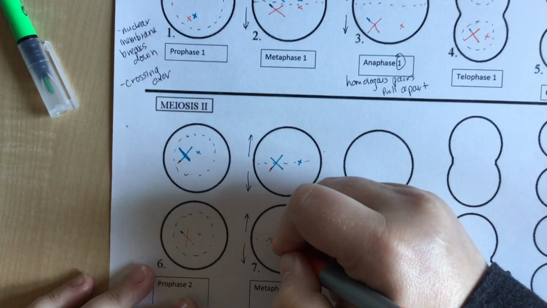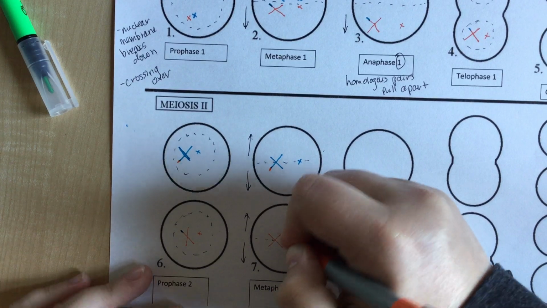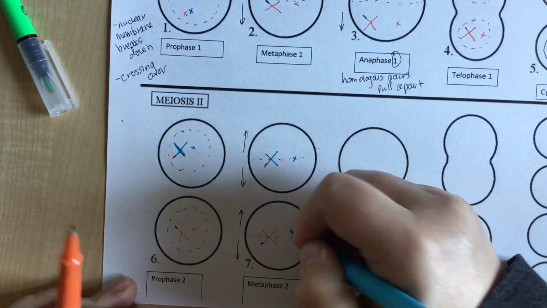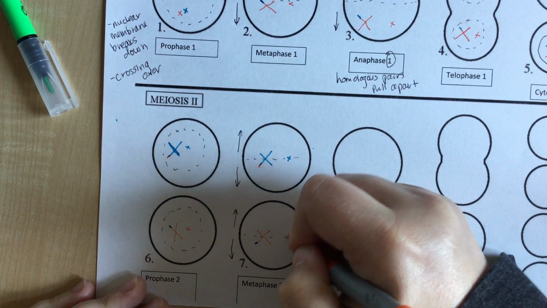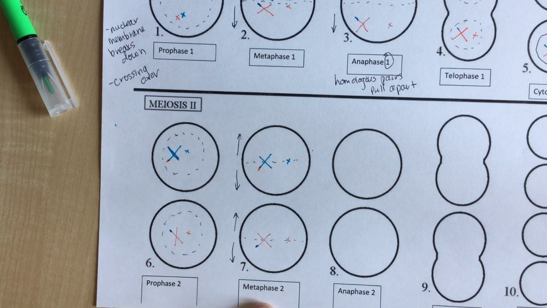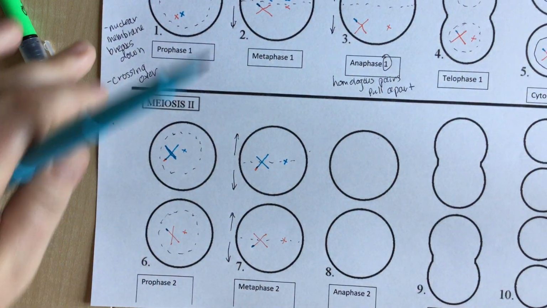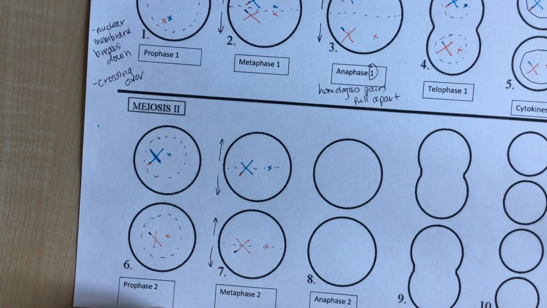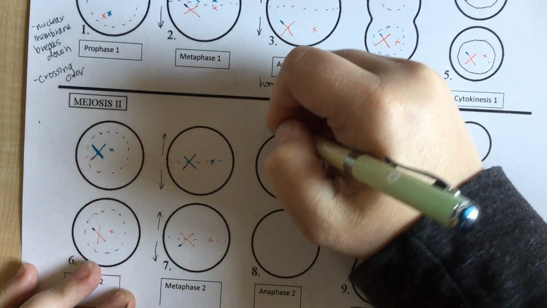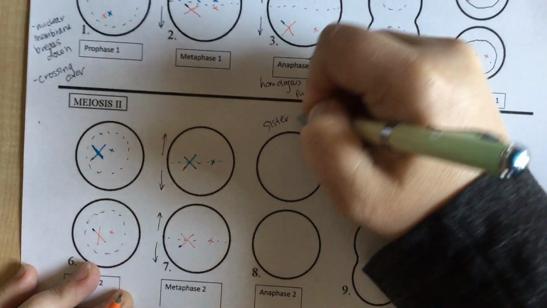And then down here, we've got the big one with a little bit of blue, and then we have the little one. Okay. And now we have those chromosomes that are lined up in the middle during metaphase 2. What's going to happen during anaphase? Well, what's going to pull apart? This is important. The sister chromatids pull apart.